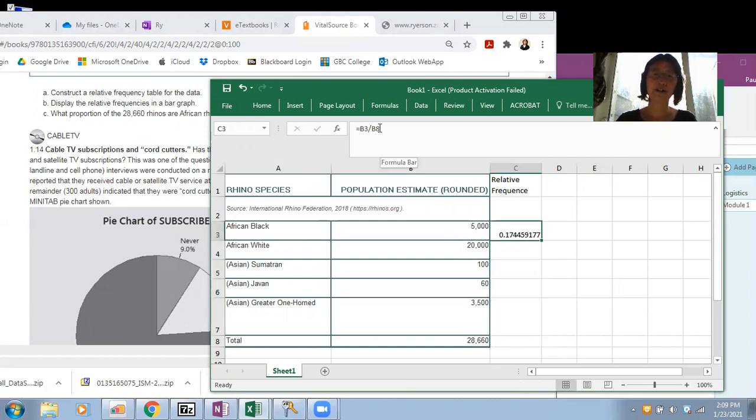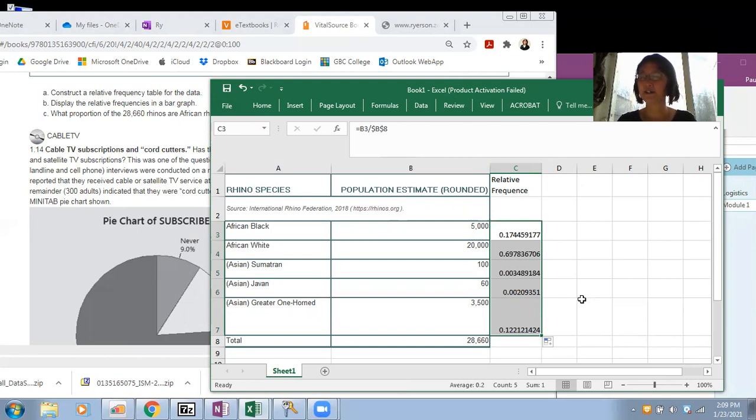So this B8 is a fixed number. So I'm going to change this to absolute cell reference by pressing F4 if you are using PC. Okay. See, I modified the formula. The formula is B3 divided by $B$8. After modification, you can then use the fill handle to click and drag down. So this time it works.